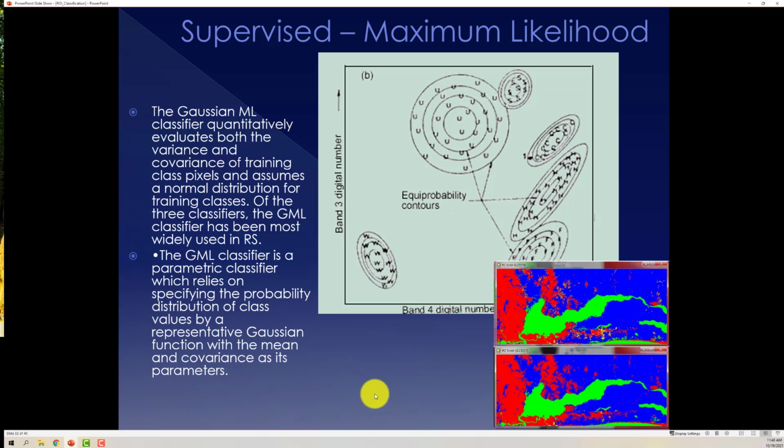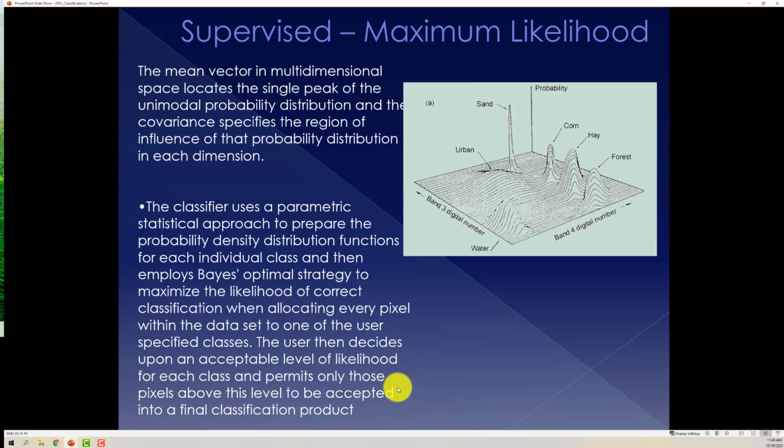It is the same idea as minimum distance, but it's more sophisticated, not looking at the actual values and how far away they are from a mean, but now we're looking at the statistical probability of that mean, and that is variance and covariance. Okay. Again, very similar types of raster products are produced, but maximum likelihood is looking at distributions.